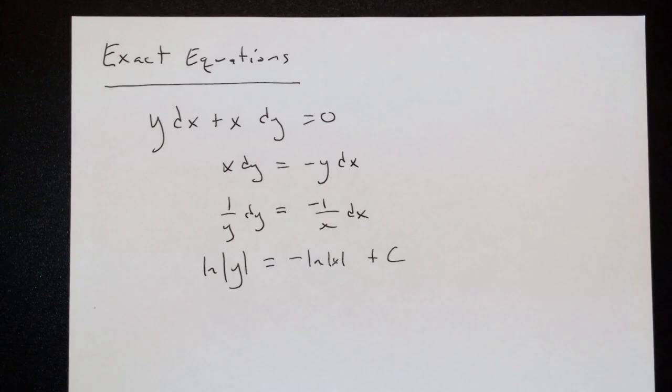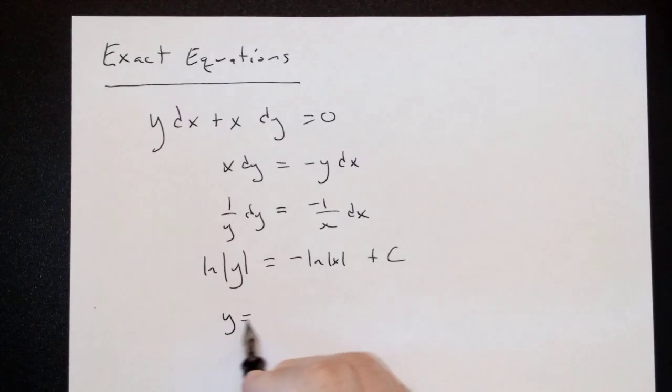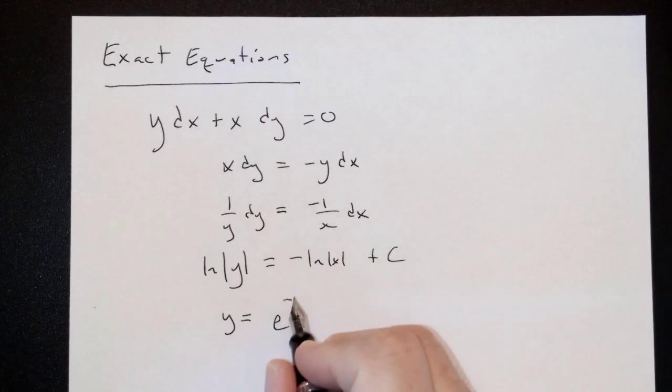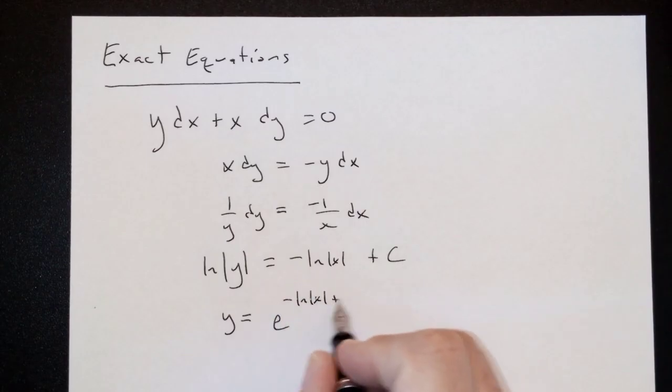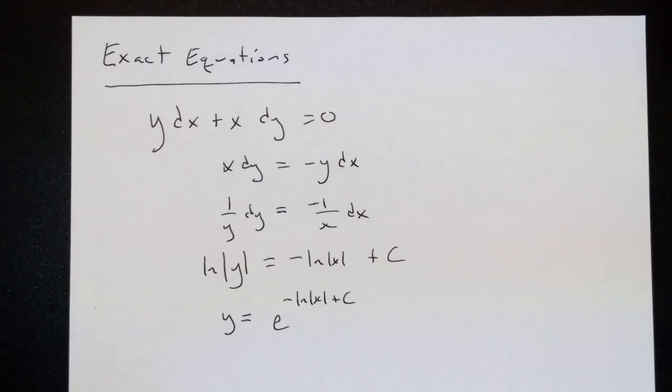I want an explicit y equals. What do I do? E's and ln's cancel, but the minus sign's in the way, so I do.